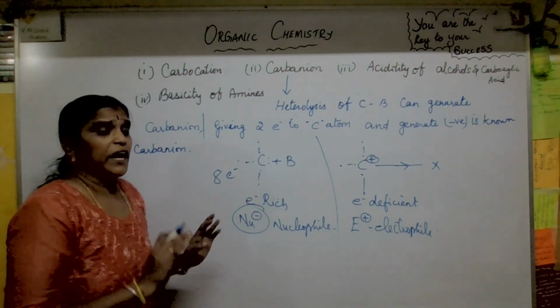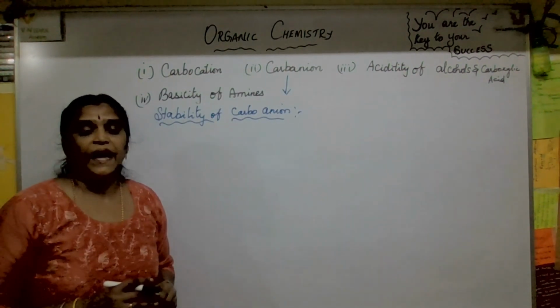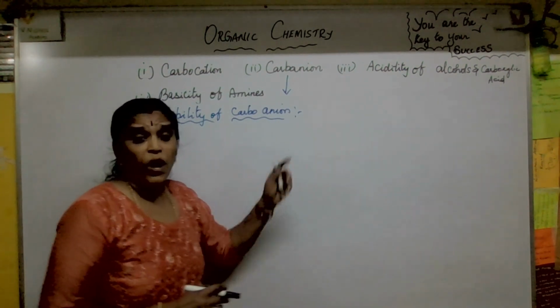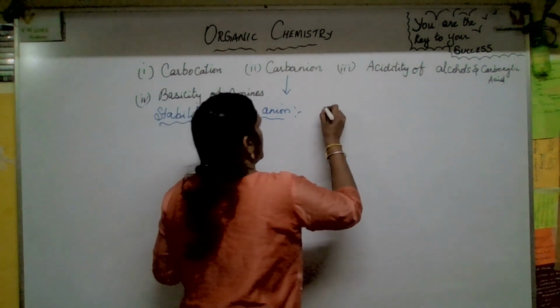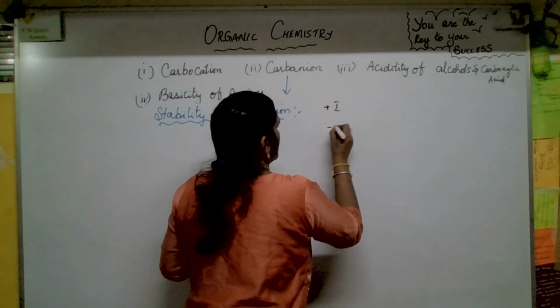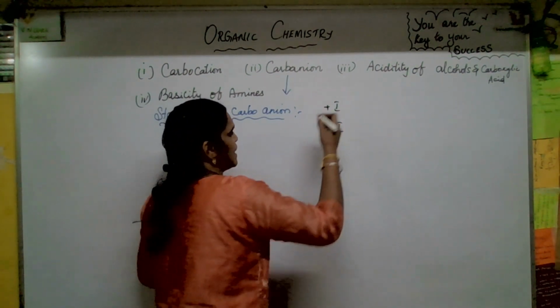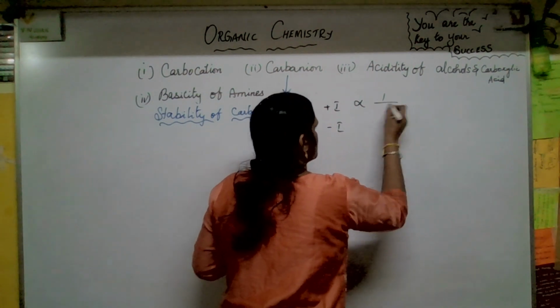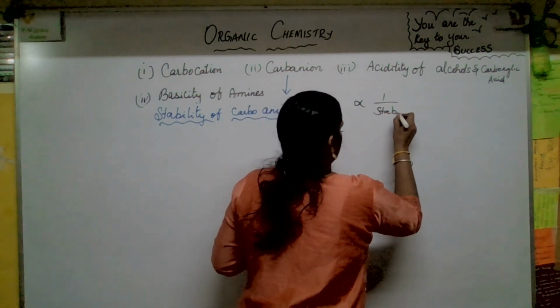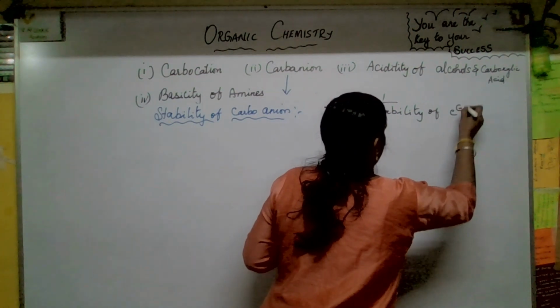Hope you're clear. Now we are going to talk about the stability of carbanion. Stability of carbanion is just the opposite to the stability of carbocation. Here, plus I effect, minus I effect. Before I could say the answer, you know that answer very well. Plus I effect is inversely proportional to the stability of carbanion, the negative charge.